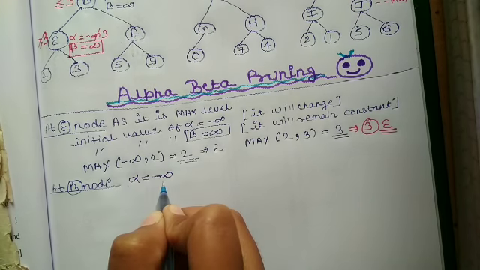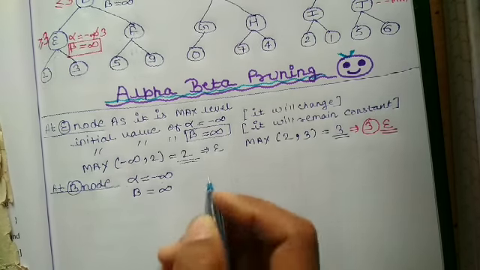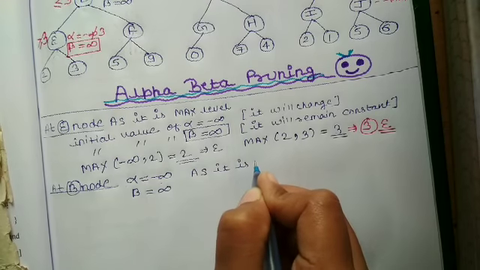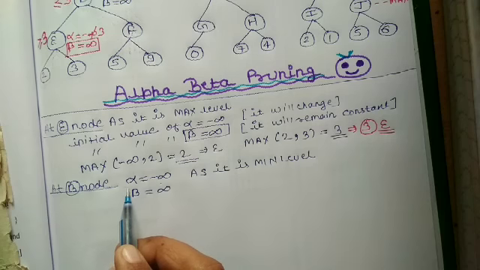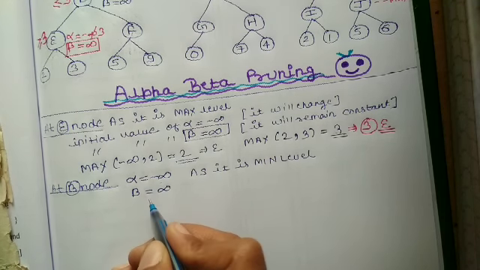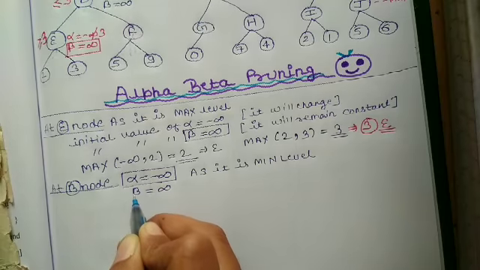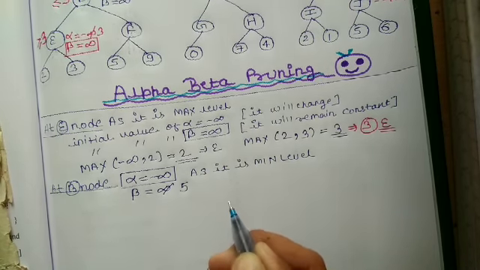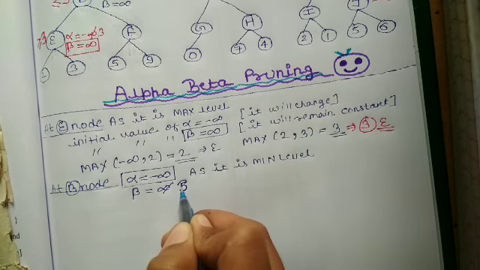Value of alpha is equal to minus infinity and beta is equal to infinity. But as it is a minimum level, just write the beta value: alpha value will remain constant, beta value will change and it will become 3.